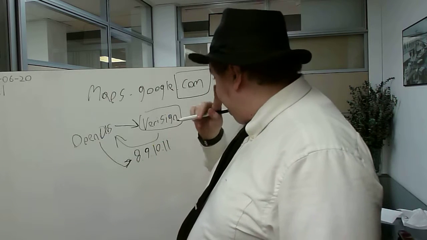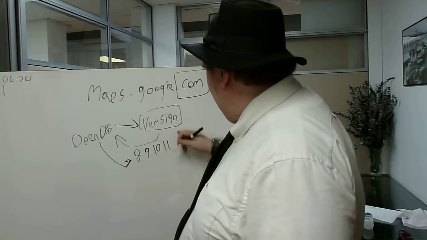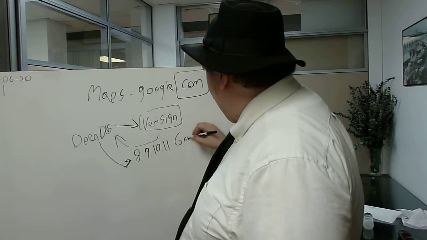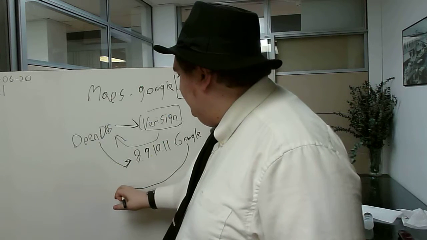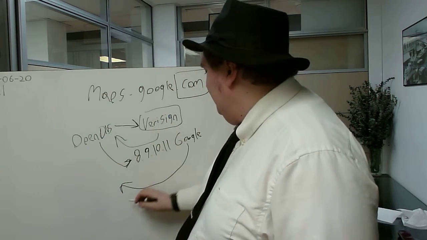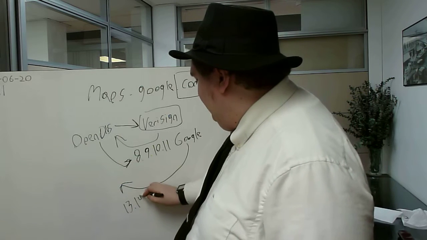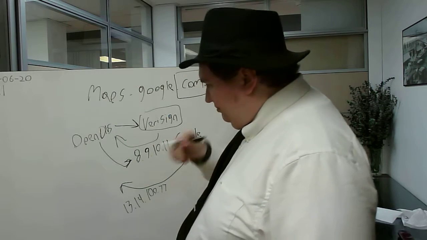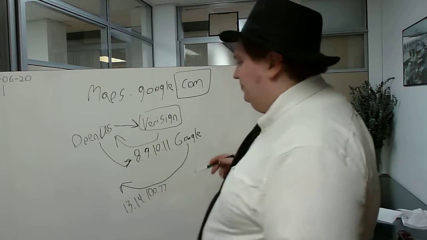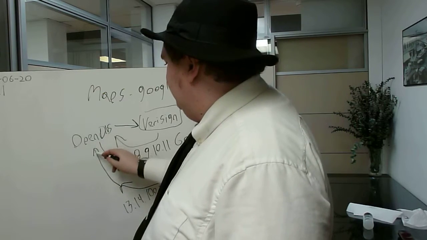And then Google can respond with, sure, maps.google.com is at 13.14.100.77. And that response goes to OpenDNS.